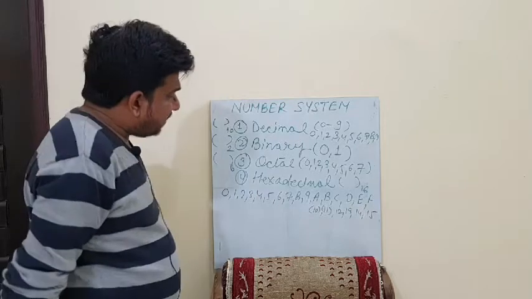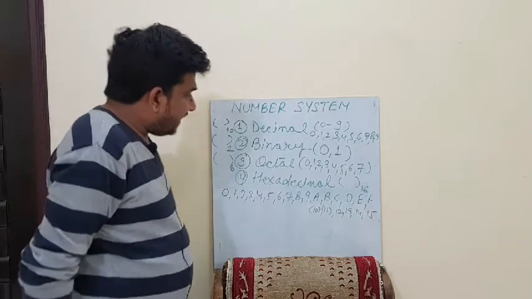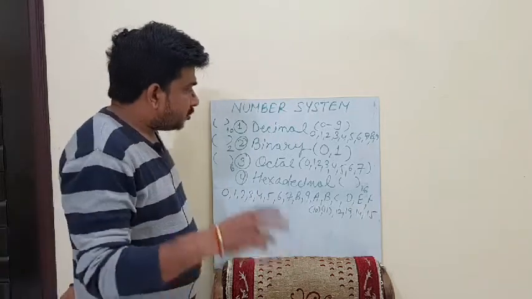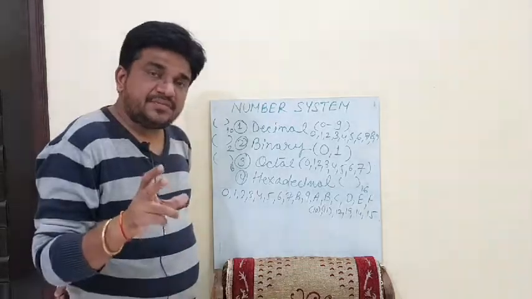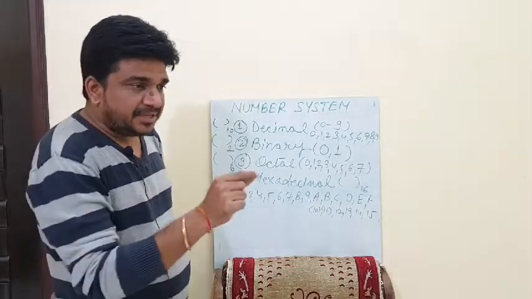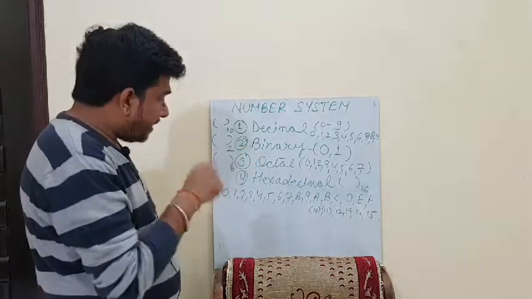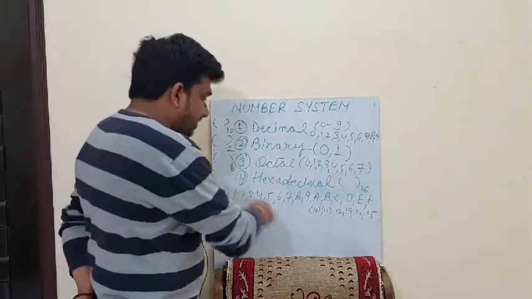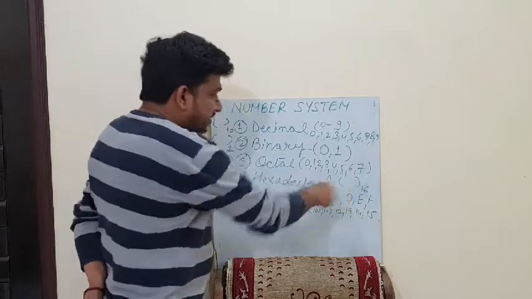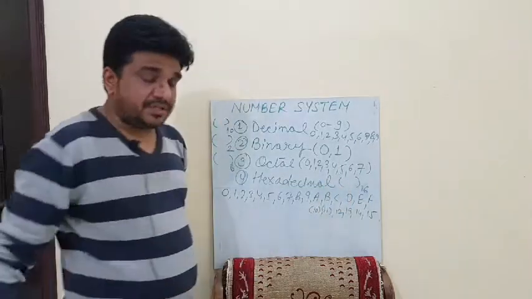One thing you can see here is that the smallest number system, in which we have the minimum number of elements to create a pattern, is binary, and the maximum is hexadecimal. Base 16 is the biggest and base 2 is the smallest.